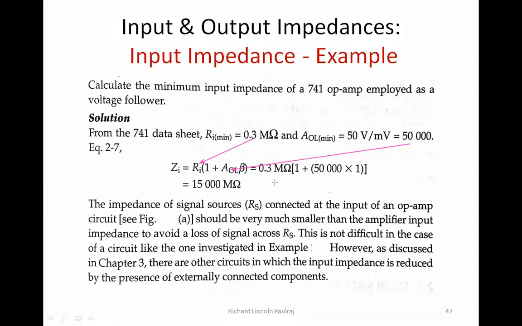So are we getting the same value? Are we getting about 15,000 mega ohms? Yes, sir. So which means it is like 15 giga ohms, which is a huge resistance.